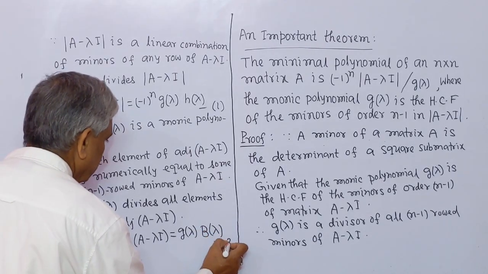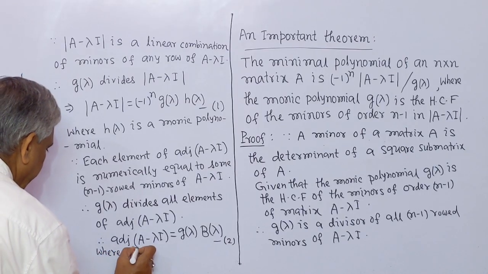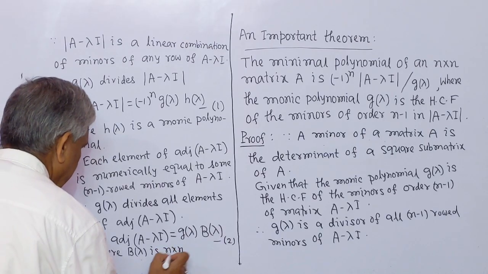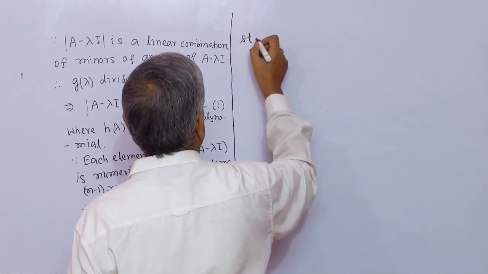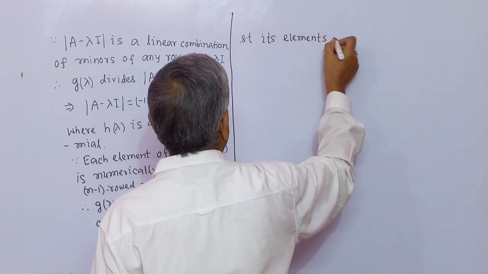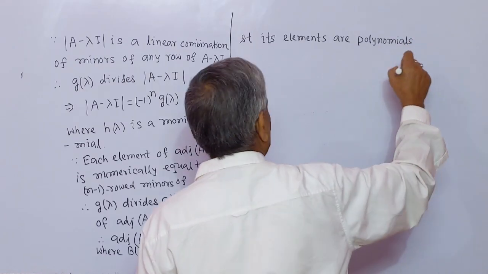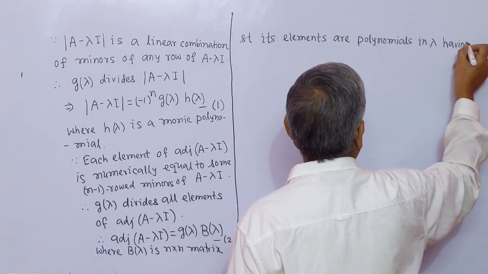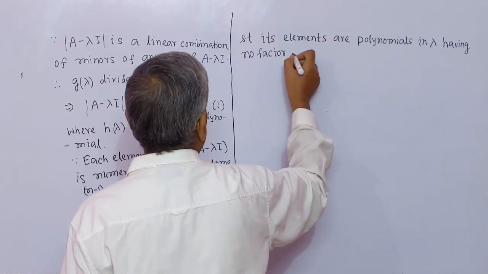Let this be number 2, where B lambda is an n by n matrix such that its elements are polynomials in lambda having no factor in common.